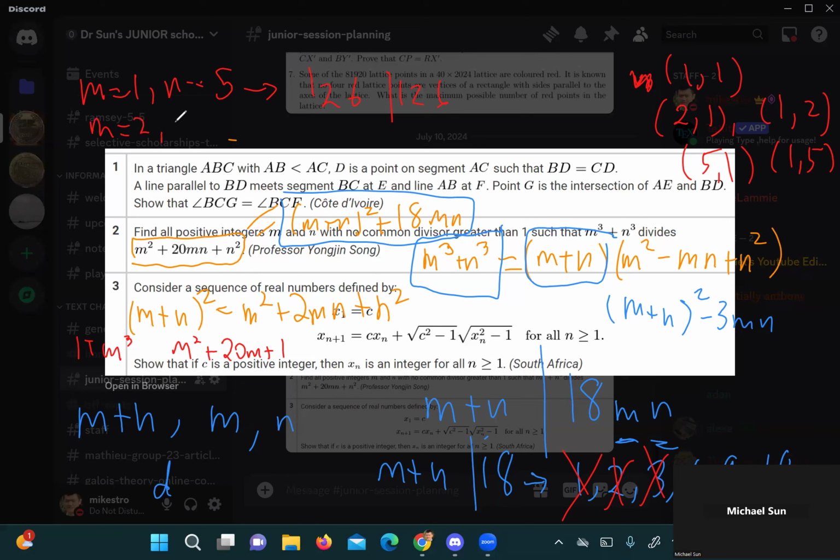Okay, then m is 2, n equals 4. So 2, 4 is 8 plus 64, 72. 72 go into, it's 2 squared plus 4 squared, 20 plus 160.